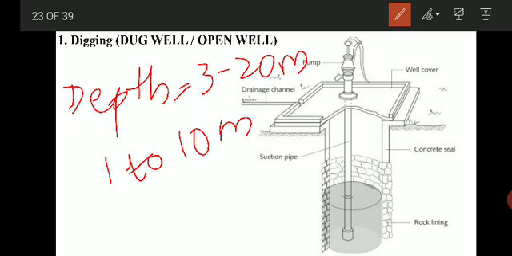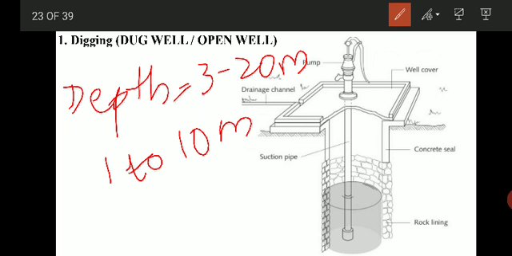These dug wells penetrate about 4 to 6 meters below the water table, and the yield of a dug well is generally small, in the order of about 500 liters per minute.